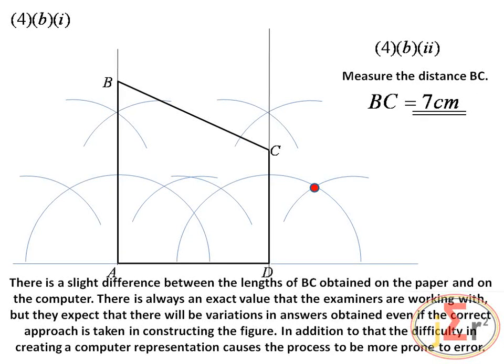In addition to that, the difficulty in creating a computer representation causes the process to be more prone to error, but not necessarily, because as we saw on the previous practice paper, the figure that was obtained on the computer was more accurate than the one that was obtained on paper. But it is true, as a matter of fact, that the one that we obtained from the computer is more prone to error.